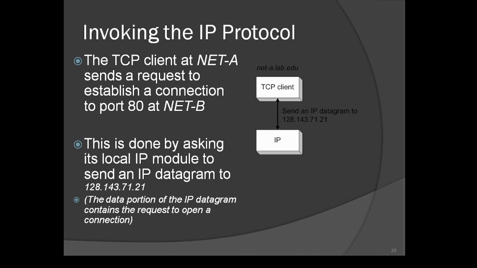We attach the IP datagram, or the IP address of the destination, to the TCP/IP data. We already established a connection on port 80, which defines the service. So where are we going to send the data? That is through the IP datagram, or the data header, 128.143.71.21.